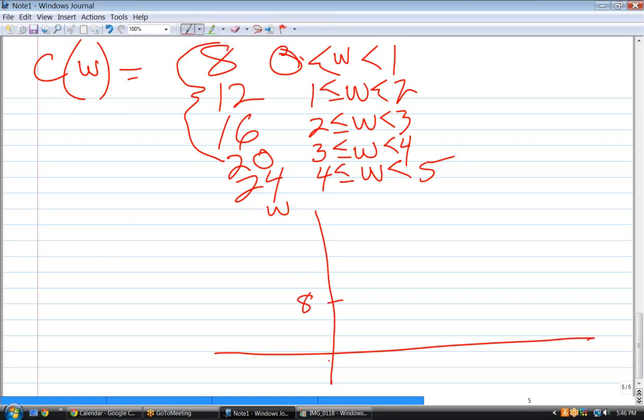Here's 8. Here's 1. Here's 2. Here's 3. Here's 4. In fact, this is a very good real-life model of a step function. The postal cost of mailing an envelope.